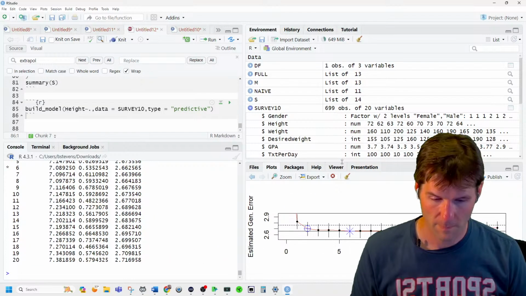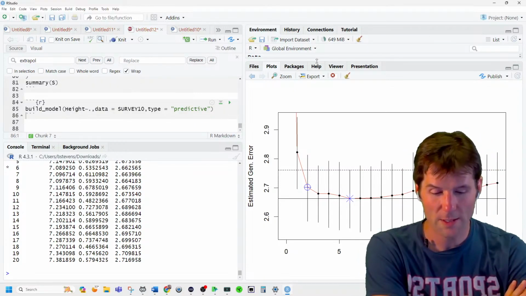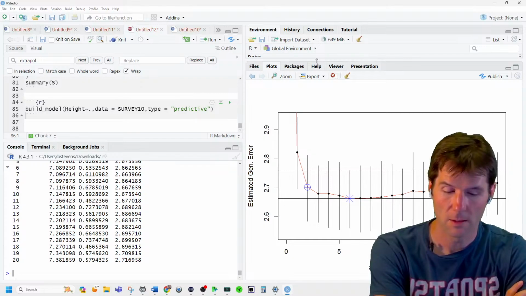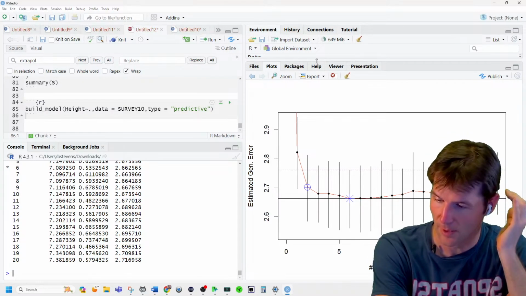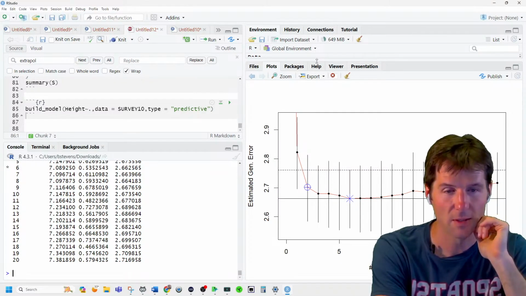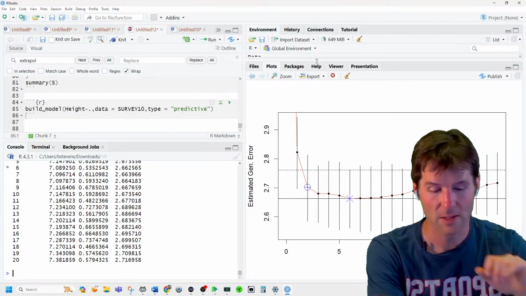There we go. What in the world does this mean? So what is this output right here? The very best model has how many variables in it? It has 6.